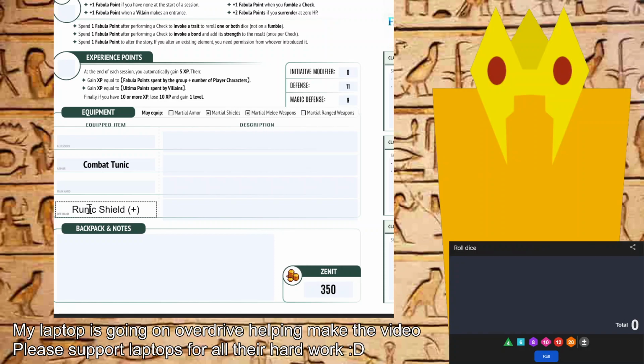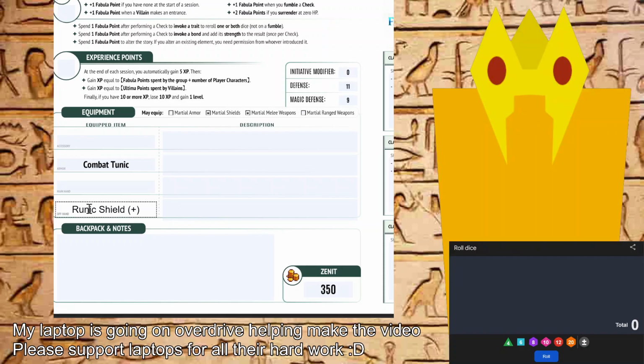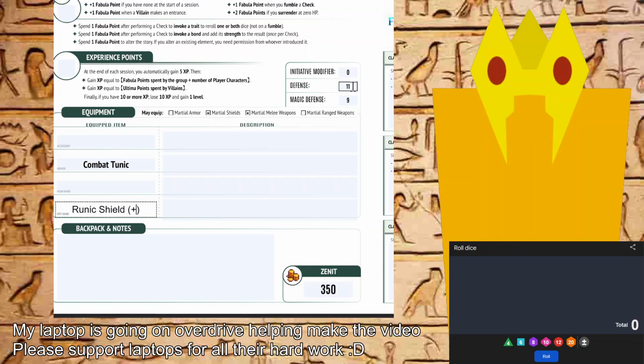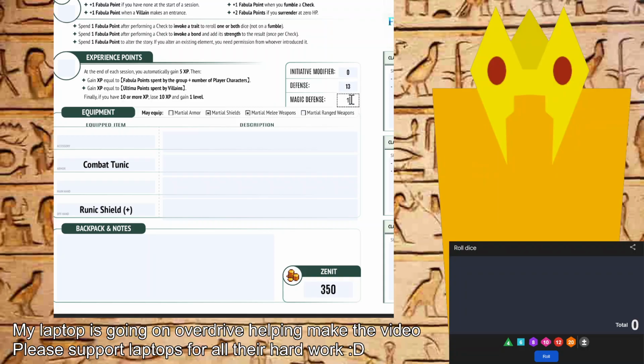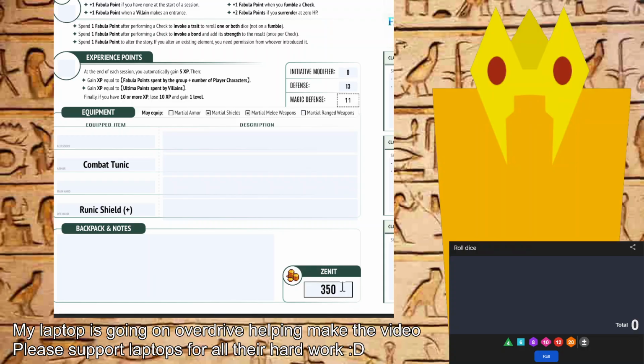And this gives us +2 to our defense and magic defense. So this will give us a 13 and an 11. And that drops us all the way down to 200 zenith.